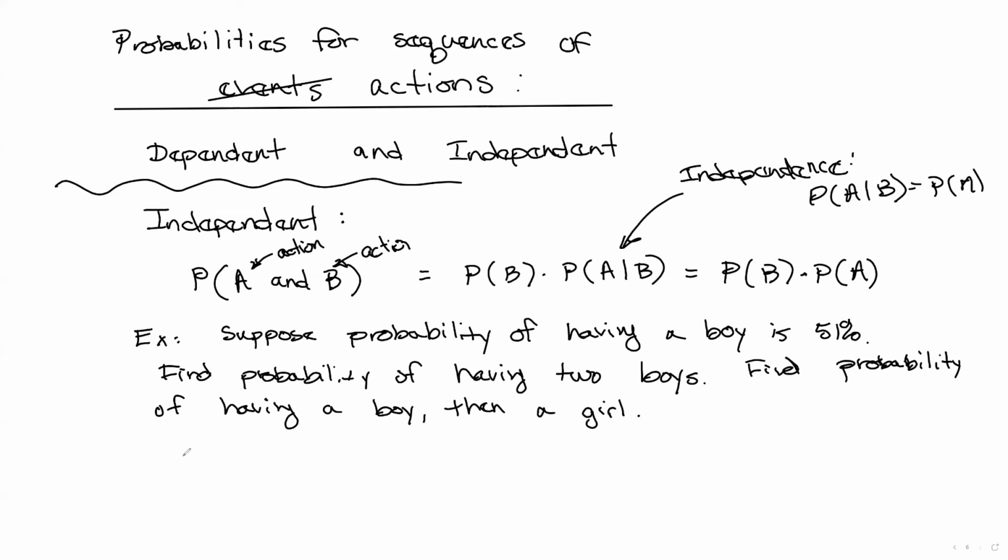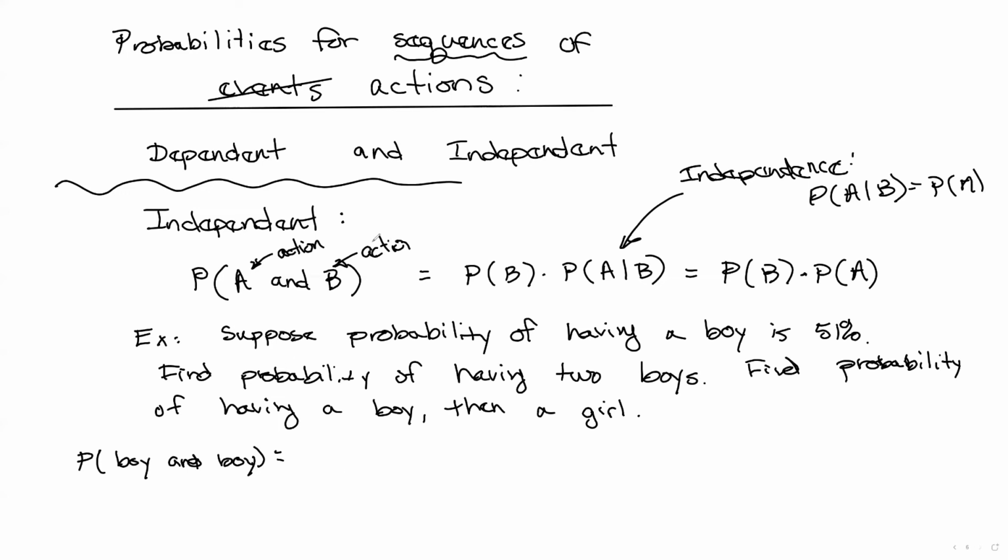I don't like to use the word easy, but they're not very difficult. So the probability of having a boy and a boy. The idea is that these are sequences of events, right? You have a boy, then you have another boy. That's specifically what we're talking about here.